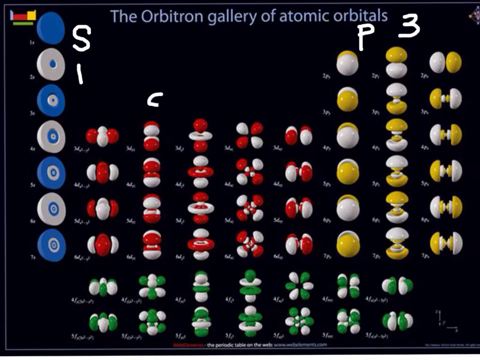In the D block, in the center of the periodic table, there are 5 different shapes that are called 4-lobed. Each of the 5 shapes can accommodate 2 electrons for a total of 10. And then down at the bottom, for the F block, there are a total of 7 different funky shapes for a total of 14 electrons.